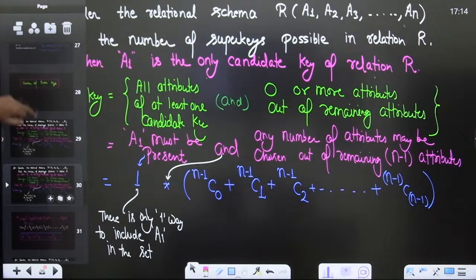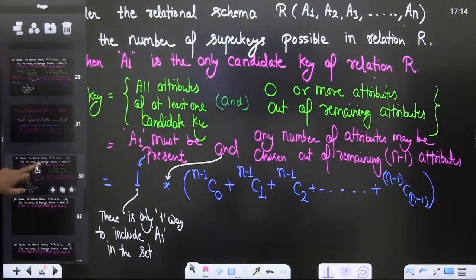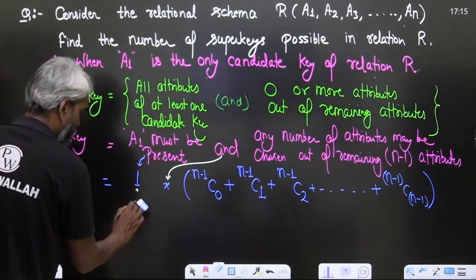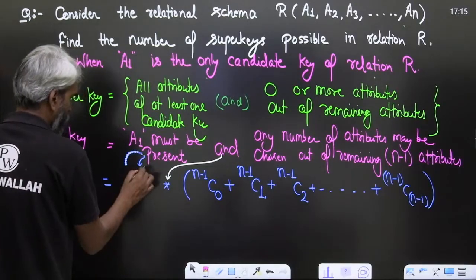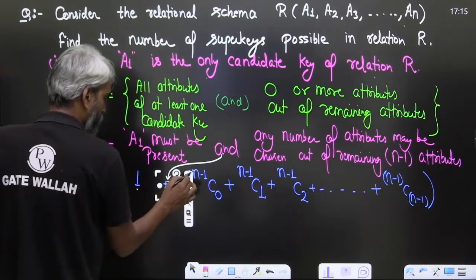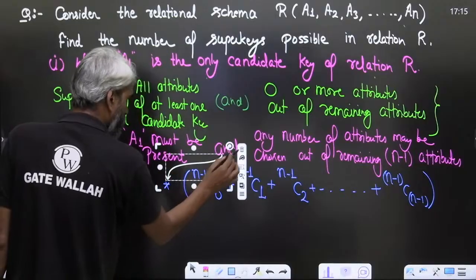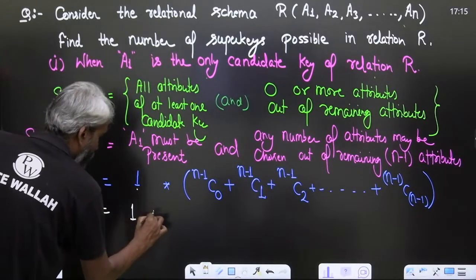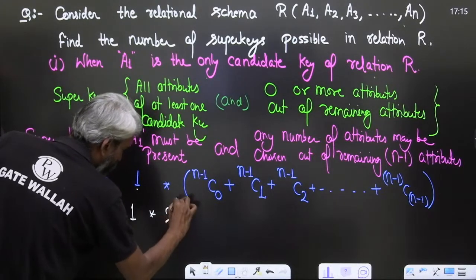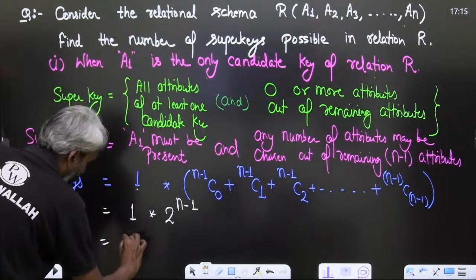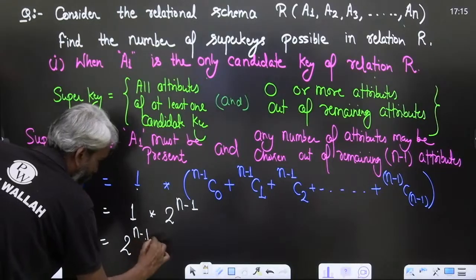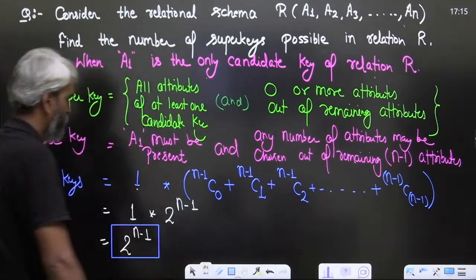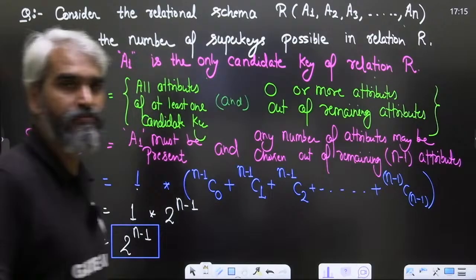So, using the same thing, the number of super keys will be 1 into 2 raised to the power n minus 1, that is, 2 raised to the power n minus 1. Clear?